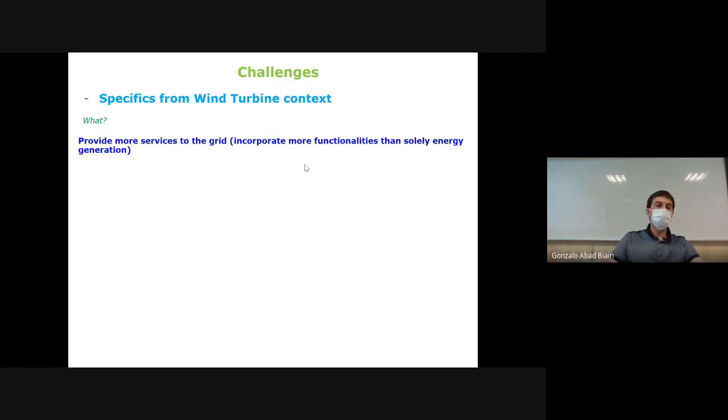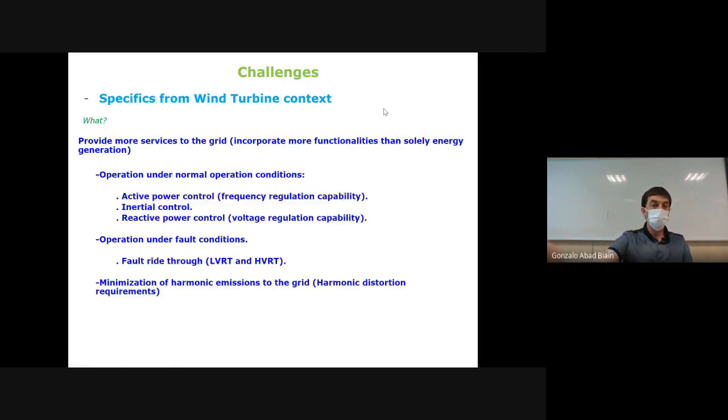I think that more and more we are asking the wind turbines to provide more services to the grid, incorporating more functionalities rather than only energy production. Which functionalities are those that we are increasingly demanding of the wind turbines?